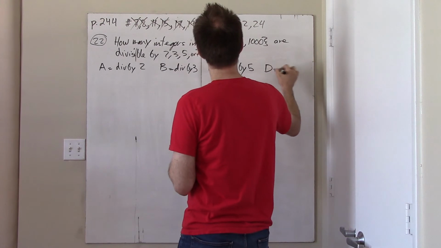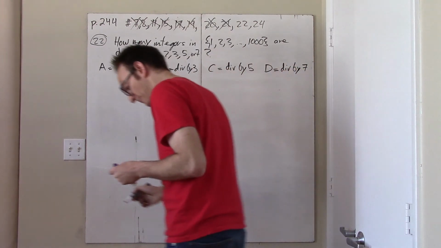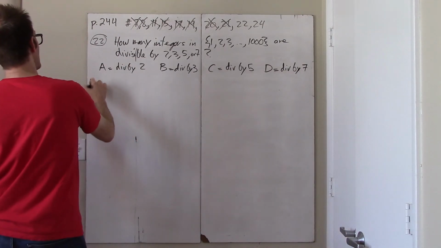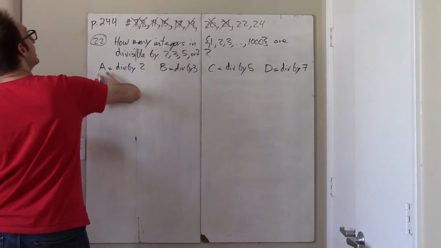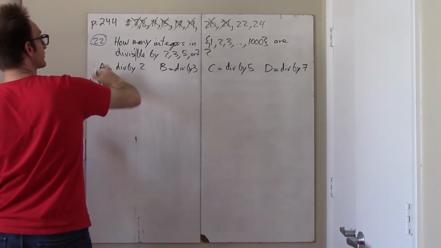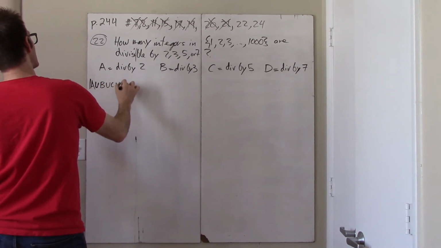And let D be the set of numbers divisible by 7. And then we just simply count them all. I want to know how many integers are divisible by 2, 3, 5, or 7, so every number which is in set A, or in set B, or in set C, or in set D.